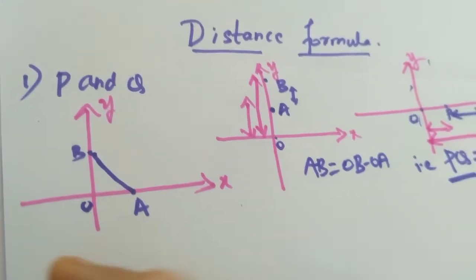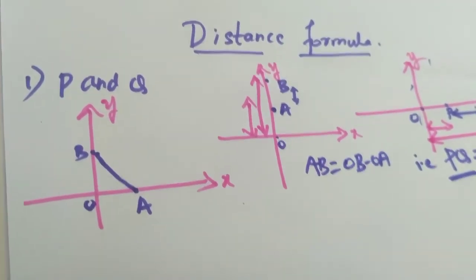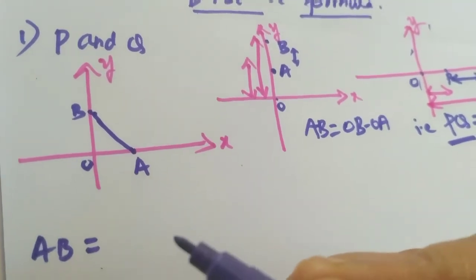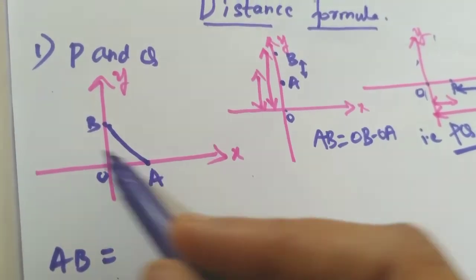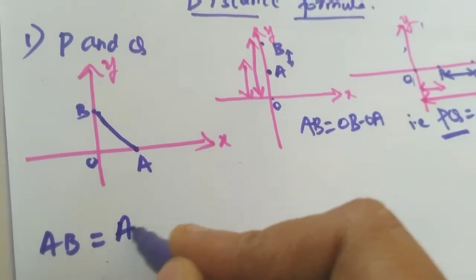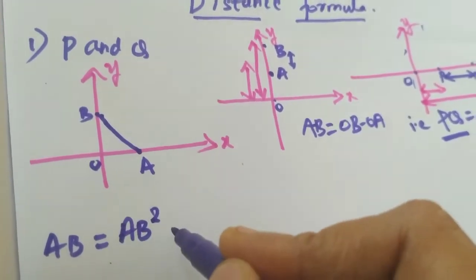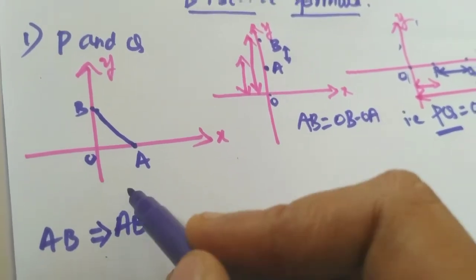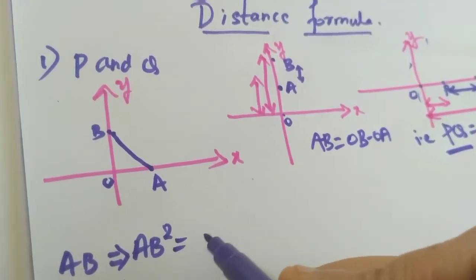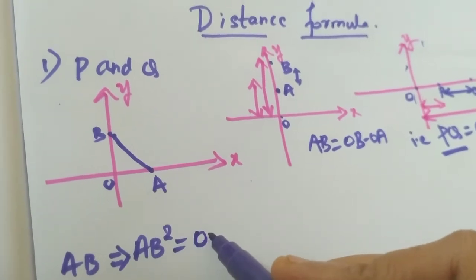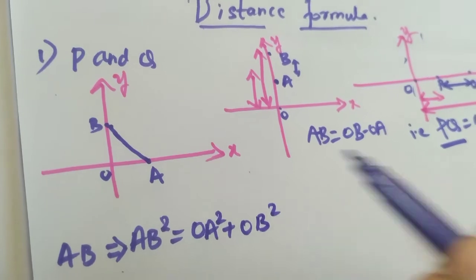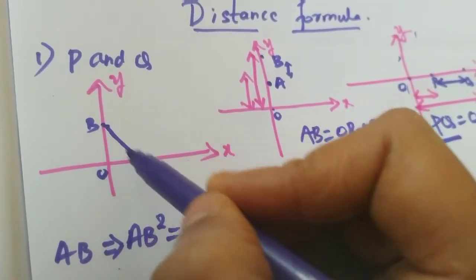Now how to find the distance AB? As you all know, you have studied Pythagoras theorem. According to Pythagoras theorem, hypotenuse square can be written as sum of adjacent square plus opposite square. So with which you can find the distance of AB.